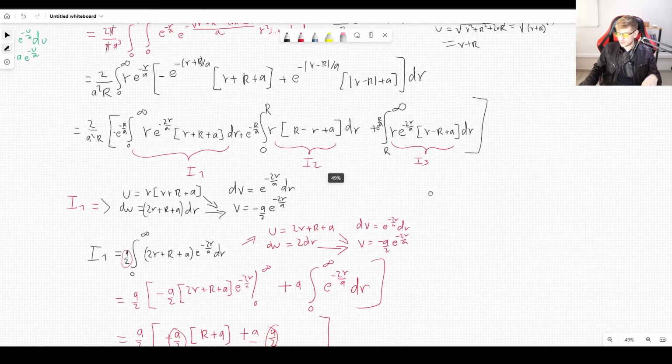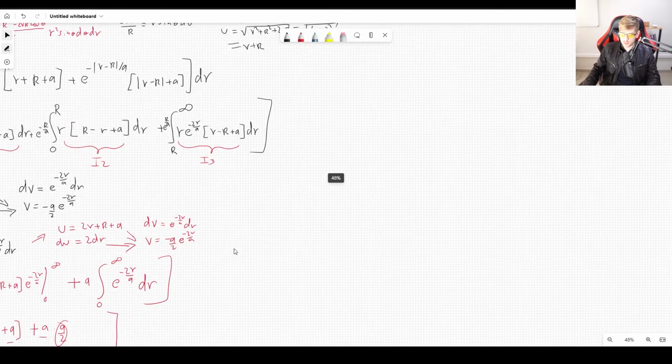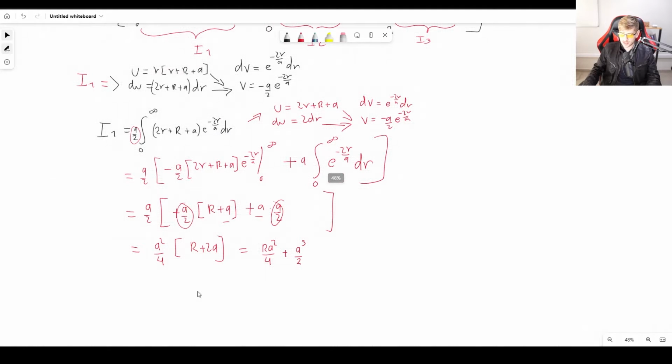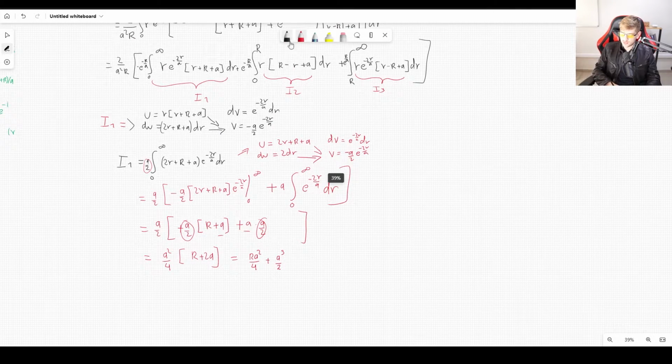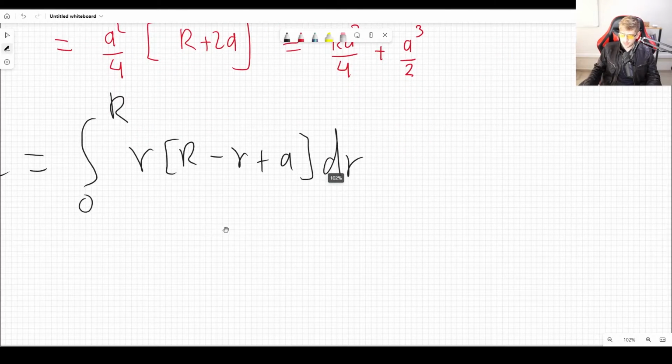Now let's go for integral number 2. So integral number 2 will be quite a bit simpler. I will actually write it down here because it will be quite fast. So integral 2 is integral from 0 to big R of r minus r plus a dr. So this one, as you can see, is simply a polynomial.